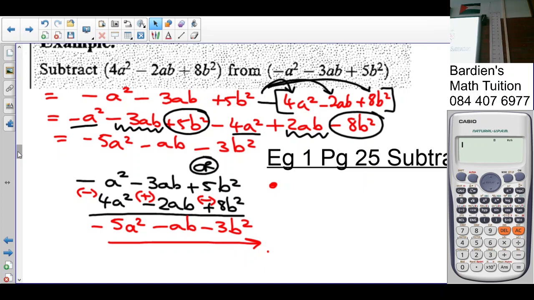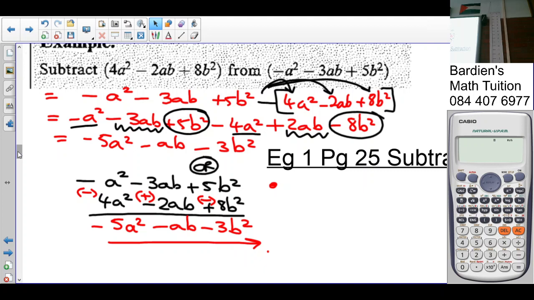Alright. Okay, I'll give you more homework. Exercise 3 on page 25. I want you guys to do those 5 sums as well. So you only got 10 sums for tomorrow. But you must do it in horizontal and vertical methods.